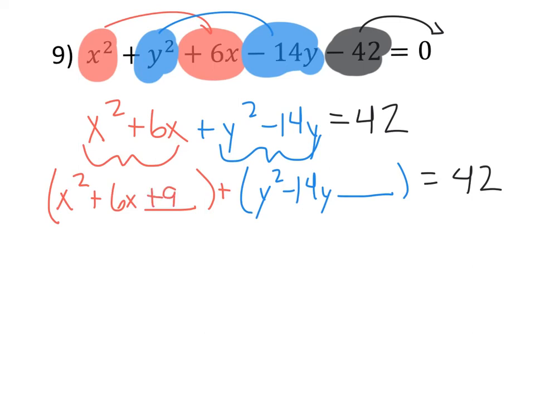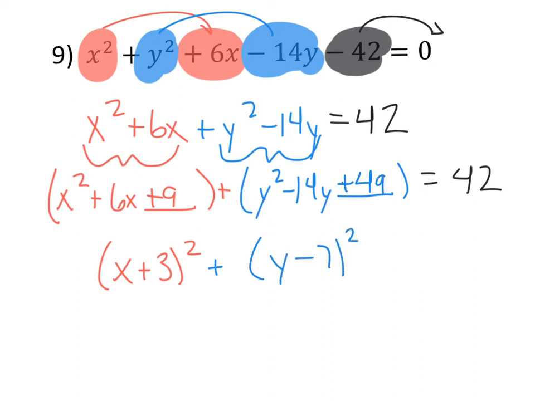Remember, half of my b is 3, so I know this is going to be x plus 3 squared. Half of my b in the y's here is negative 7. Negative 7 squared, negative 7 times negative 7, is positive 49. Remember that half of my b was negative 7, so this is going to be y minus 7 squared.